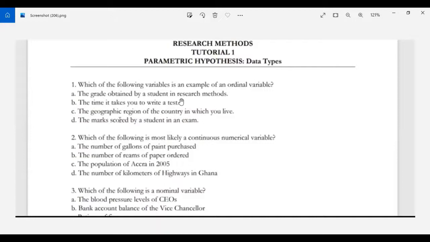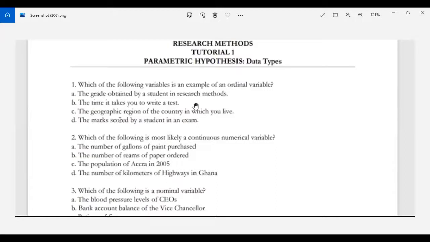A, the grade obtained by a student in research methods. B, the time it takes you to write a test. C, the geographic region of the country in which you live. D, the marks scored by a student in an exam. Right? So please, what is the data type for A and its level of measurement or the scale of measurement?